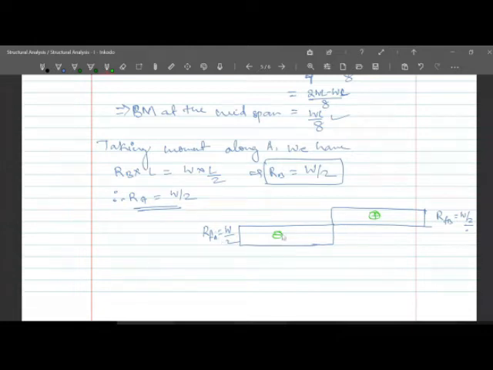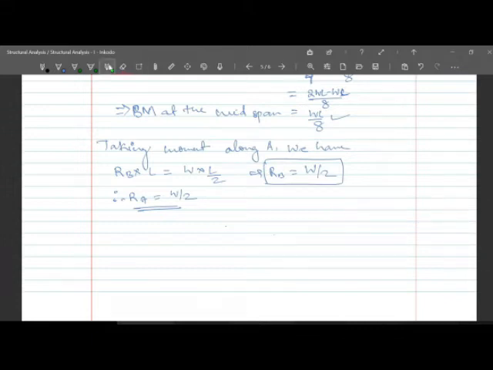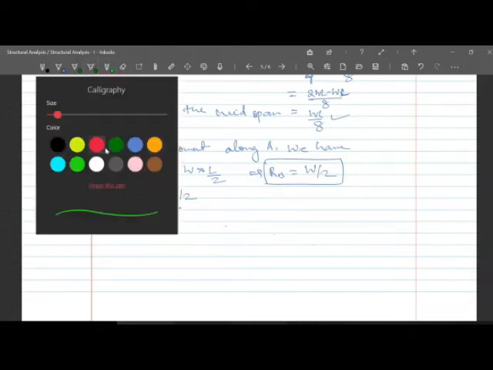Okay, so you are saying the reverse of this one, right? Yes, sir. No issue. Only the sign will change, right?